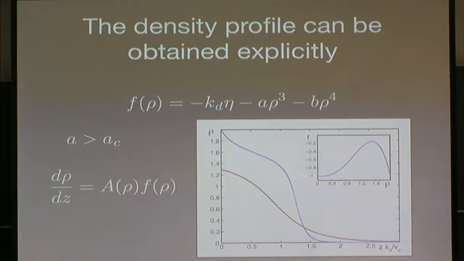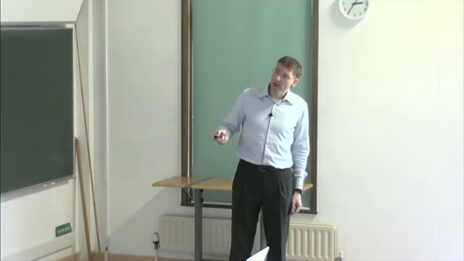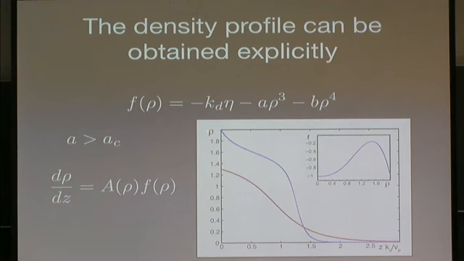So assume first of all that this activity is small in its absolute value, so it's not very negative. In this case you can still have a non-monotonic dependence of f on rho, but it will always be negative. And if it's always negative, then rho will always decline. If you want, you can interpret this as a time evolution equation.